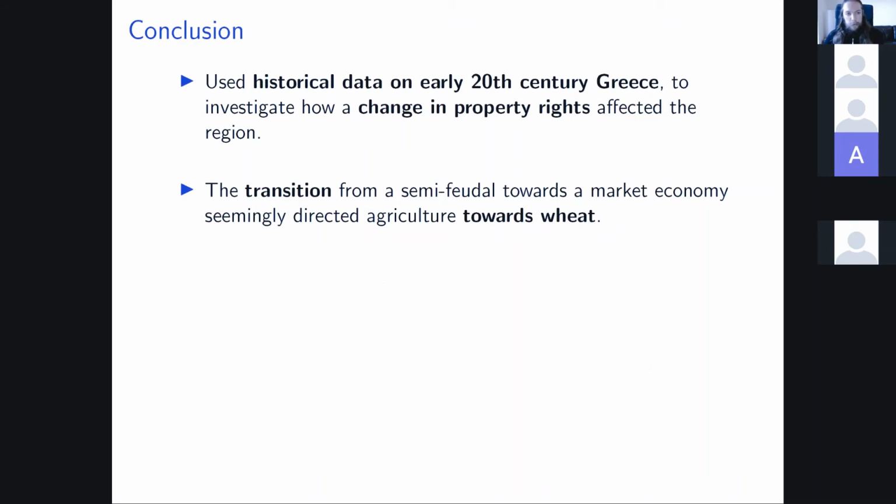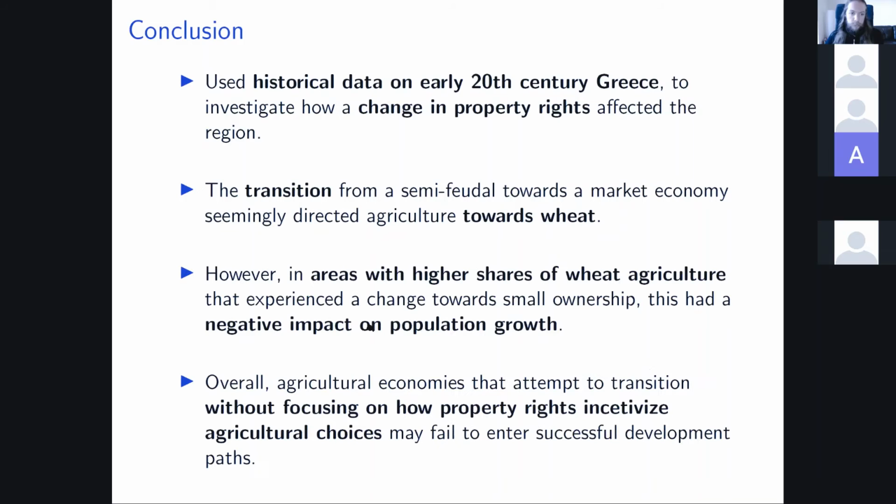So just to conclude, we used historical data on early 20th century Greece to investigate how a change in property rights affects the region, and the transition from a semi-feudal economy towards a market economy seems to direct agriculture towards wheat, which was the cash crop at the time, as I told you.